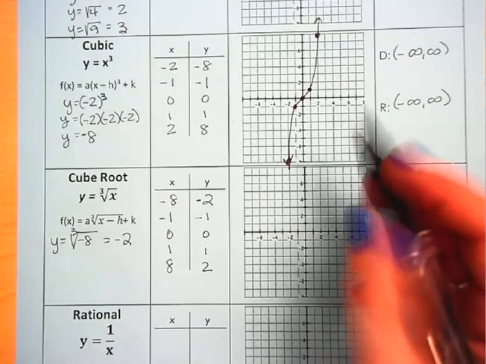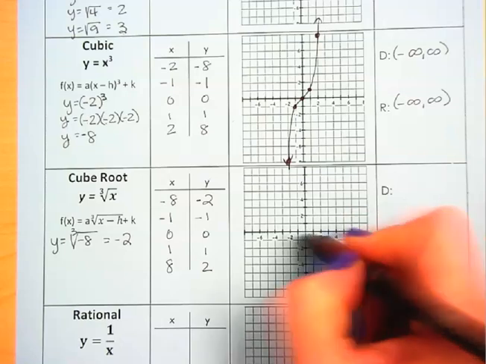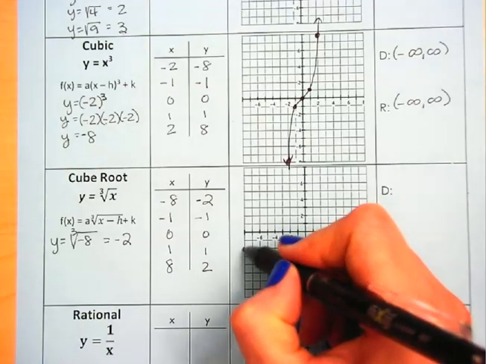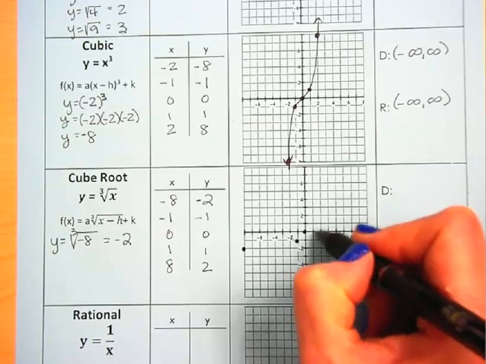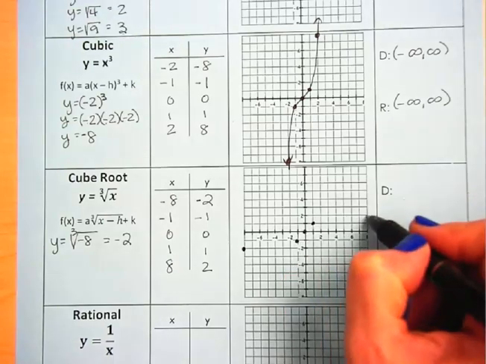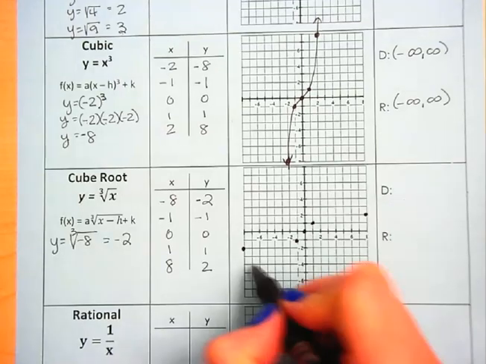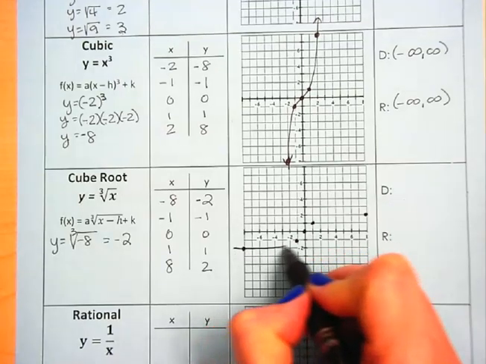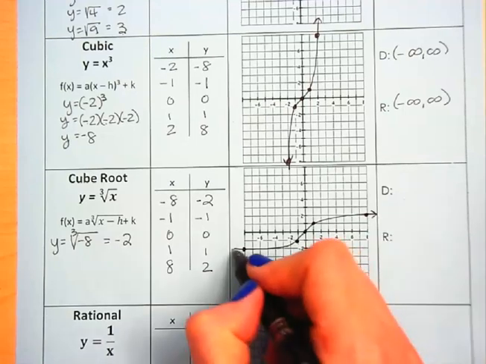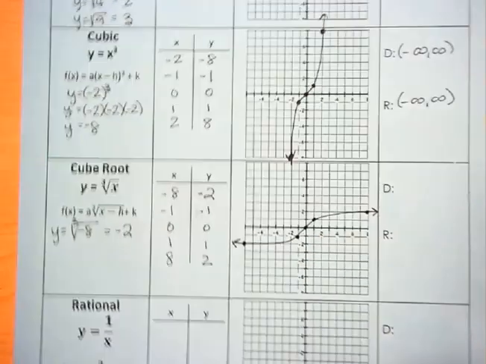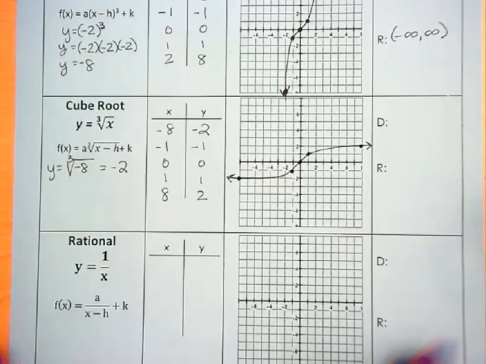And now I'm going to graph that. So this time I'm going left 8 down 2, left 1 down 1, 0, 0, right 1 up 1, and then 8, and then 2. There's my cube root function.